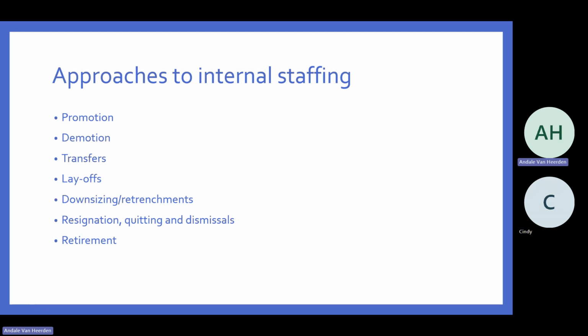So I need to exhaust all options short of dismissal. And that might include changing the person's job or demoting the person. So that's usually a disability issue that comes into play in terms of demotion.